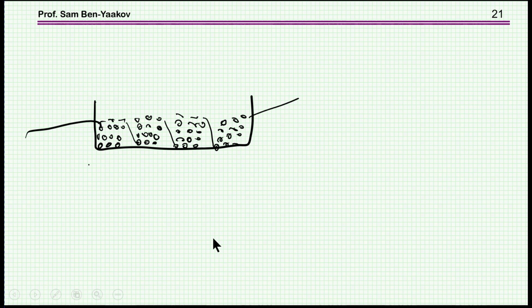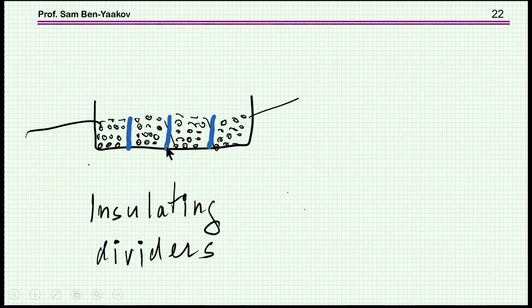There are other ways to reduce the capacitance, and one of them would be to wind the wire in sections. That is, you start here, one section, then you go all the way here, another section, and then another section, and then another section. In fact, you can put dividers here. So this will serve two purposes.